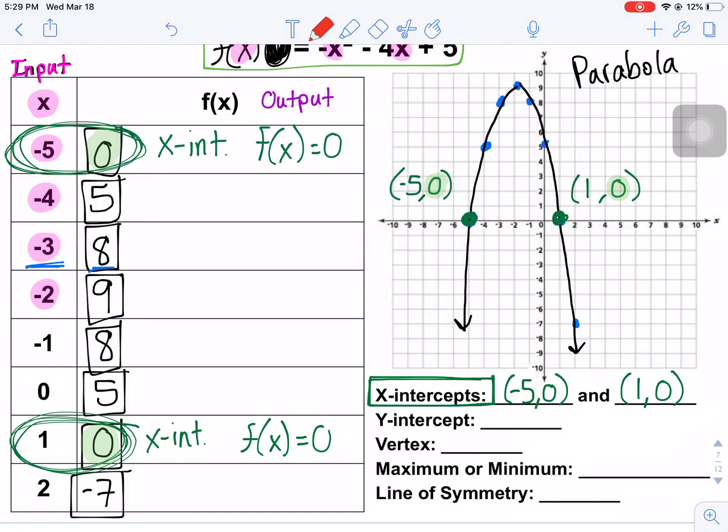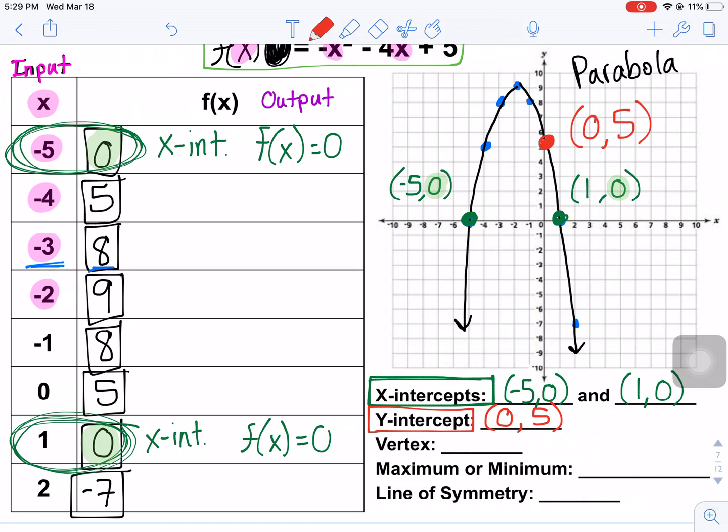We're going to do our y-intercept in red. That's where our parabola crosses our y-axis. And that happens at (0, 5). So on the bottom right, I'm going to write (0, 5).